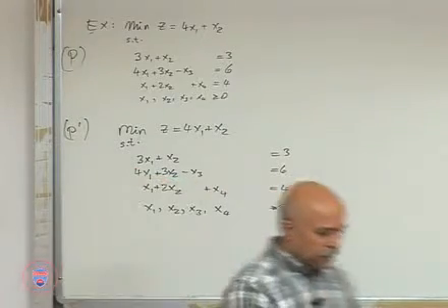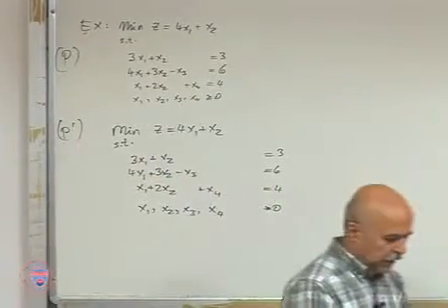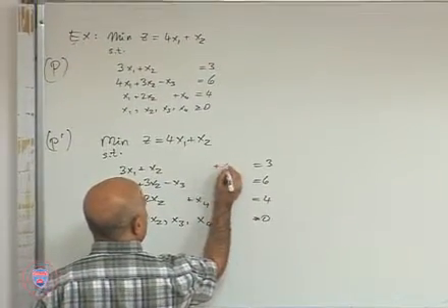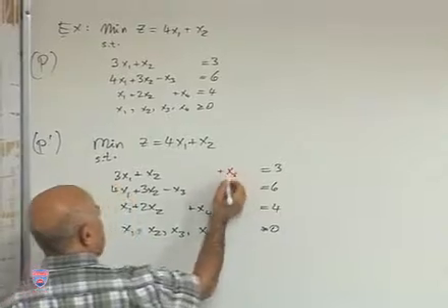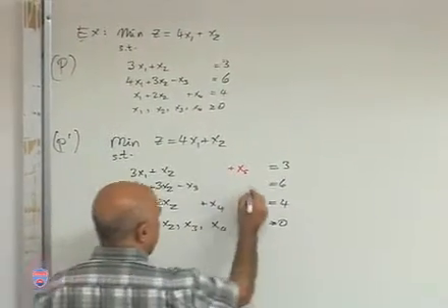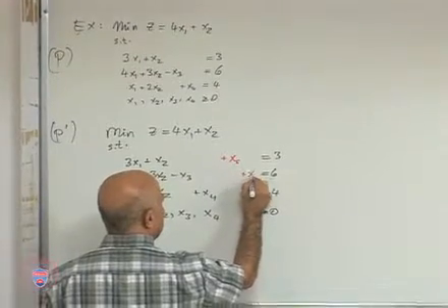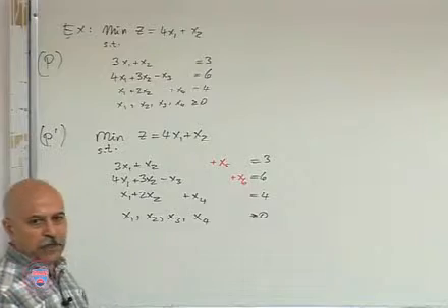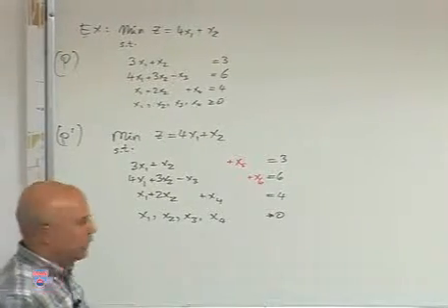So the new variables, let me make them in a different color. I add x5, which has the unit vector 1, 0, 0. And I add x6, which has the unit vector 0, 1, 0. So all the columns of the identity will be supplied now.